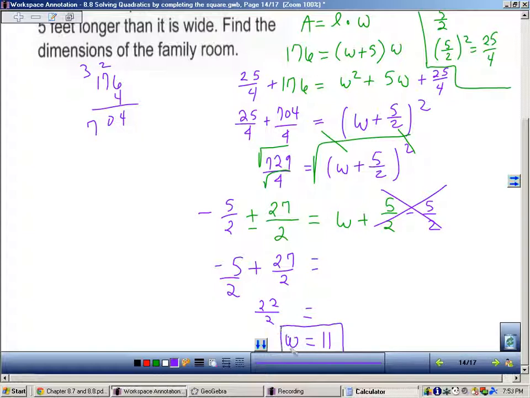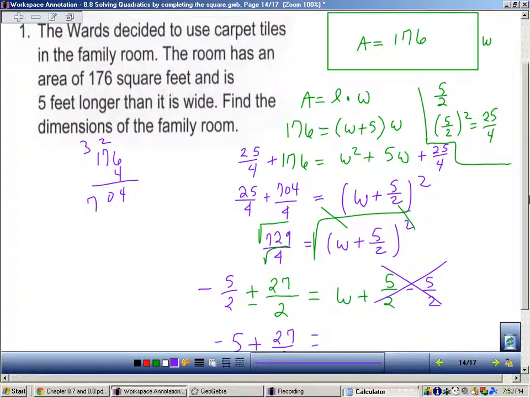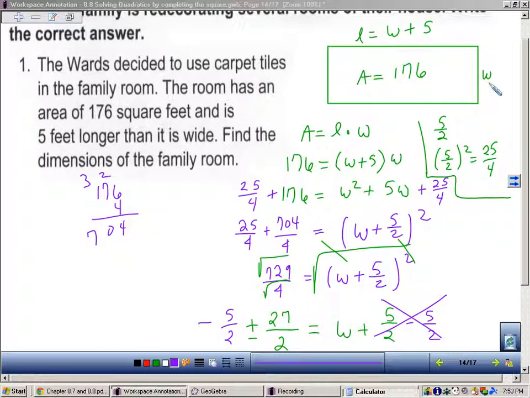So W is 11. Now that's the width. And so if the width is 11, what would be our length? So we just found out that the width is 11. Good stuff. Measure everything in feet, so it's 11 feet. The length would be 11 plus 5, which is 16 feet.